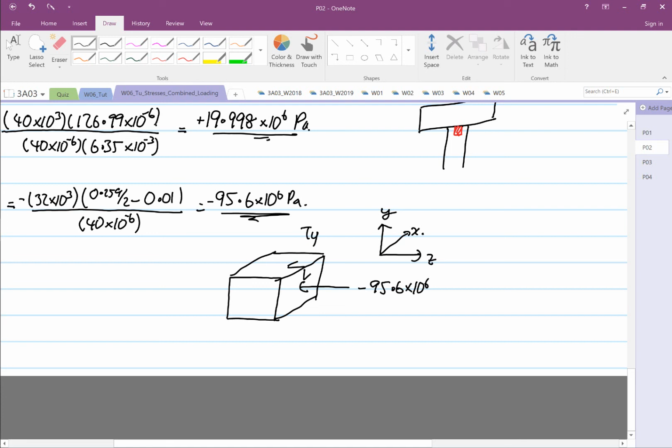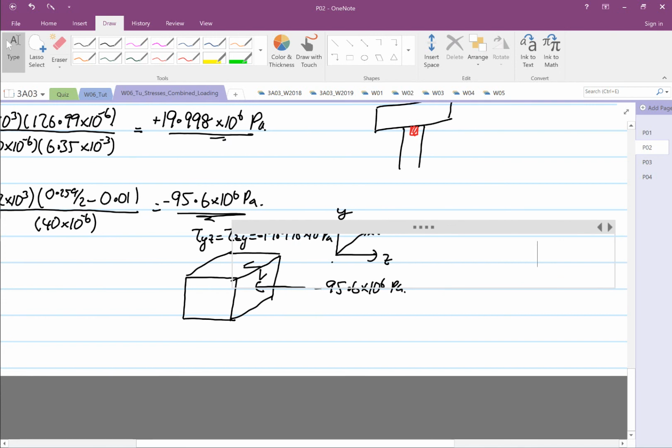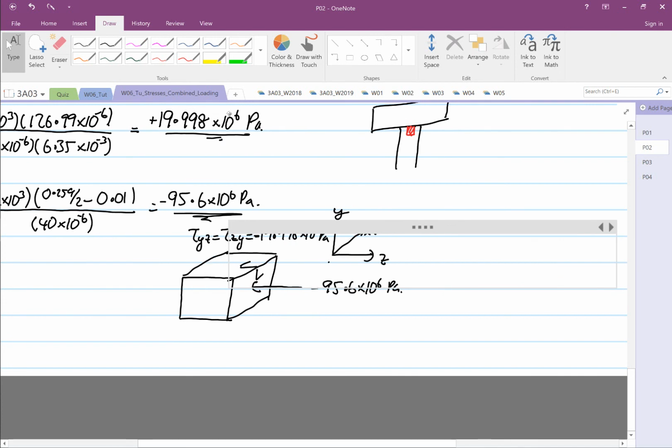The shear YZ is equal to shear ZY, which is equal to 19.998 times 10 to the power 6 Pascal. Looking at the direction, it is negative shear.